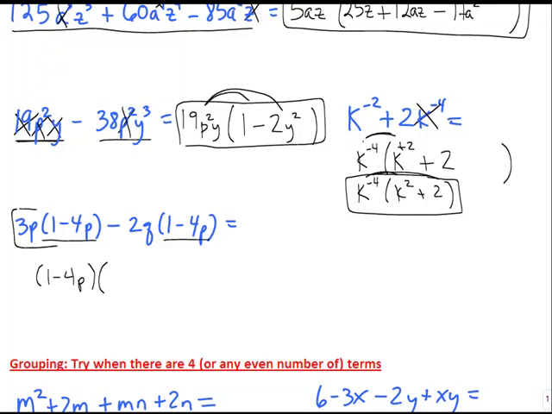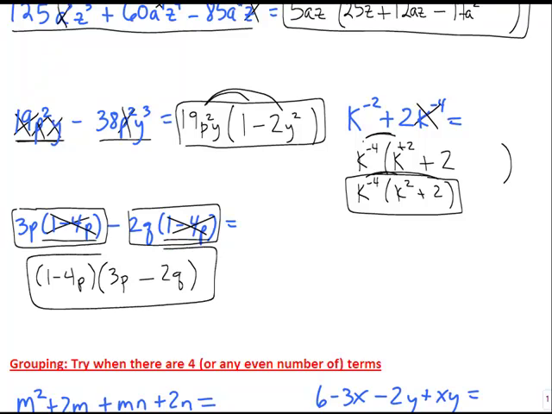Now in this first term, which is all this stuff before the minus sign, I pulled all of that stuff out, so all I have left is the 3p in front. Then we have our minus. In this second term, I pulled all of this out, so the only thing left is a 2q. So here is our solution.